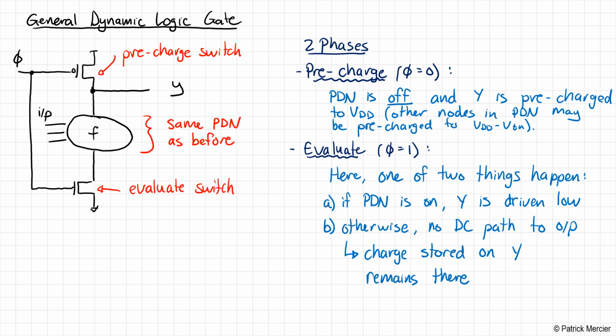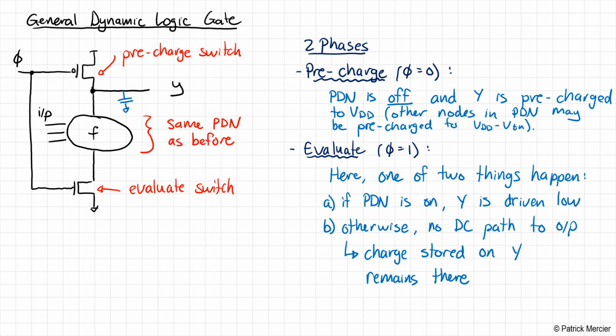Noting that there's always a little bit of parasitic capacitance on every node here. Okay, so in a general dynamic gate, what we do is we pre-charge the output to VDD. During this phase, the logic function is not operating. There's no function being evaluated here. It's only during the evaluate phase, when phi goes high, that the pre-charge switch turns off.